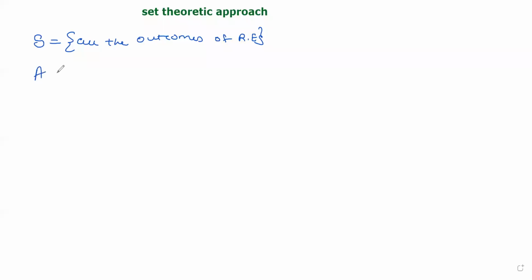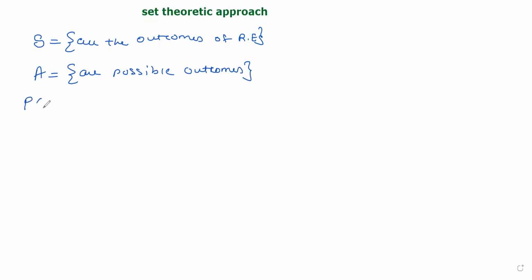Then for whatever event, I will make a set of that, and I will put all the possibilities in which the event can occur in that set. All possible outcomes as per the event.